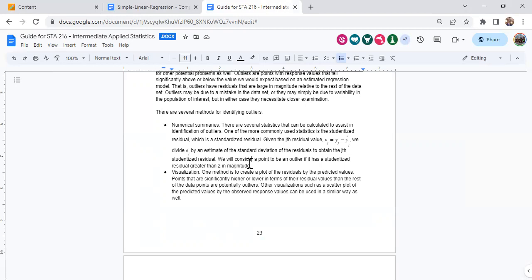So we can standardize the residual values onto a level playing field by calculating studentized residuals. In general, if a studentized residual is bigger than 2 in magnitude, so less than -2 or greater than +2, we'll say it's an outlier.